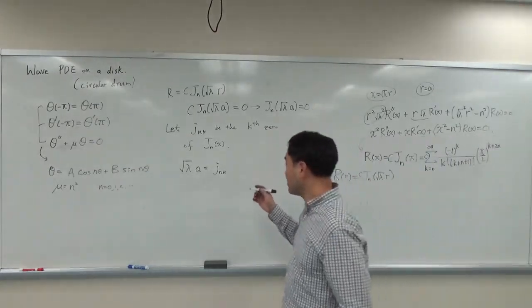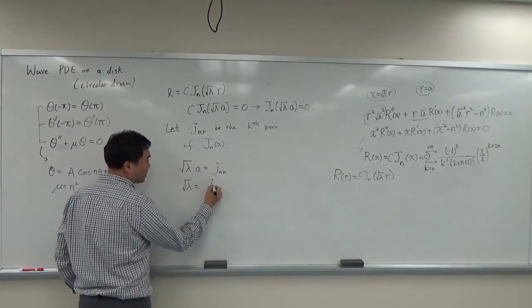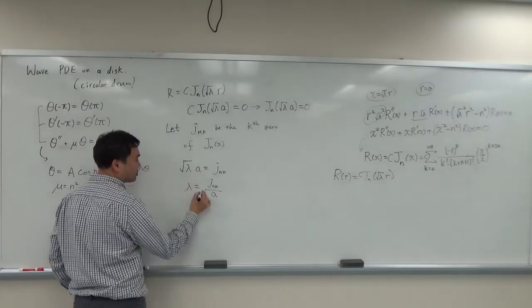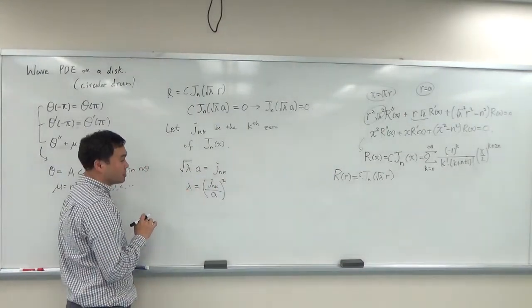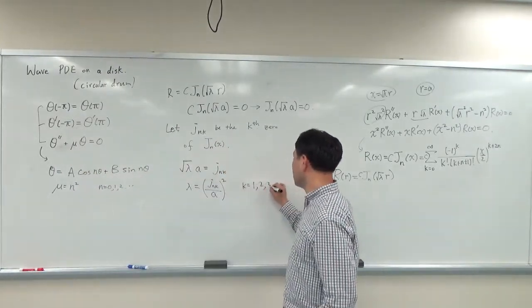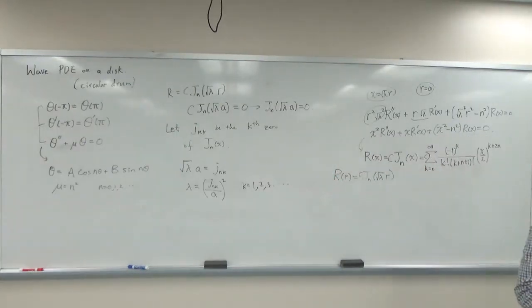So that square root of lambda would be Jnk over A, and then you square this. This is what you get. Okay. For k equals 1, 2, 3, and so on.